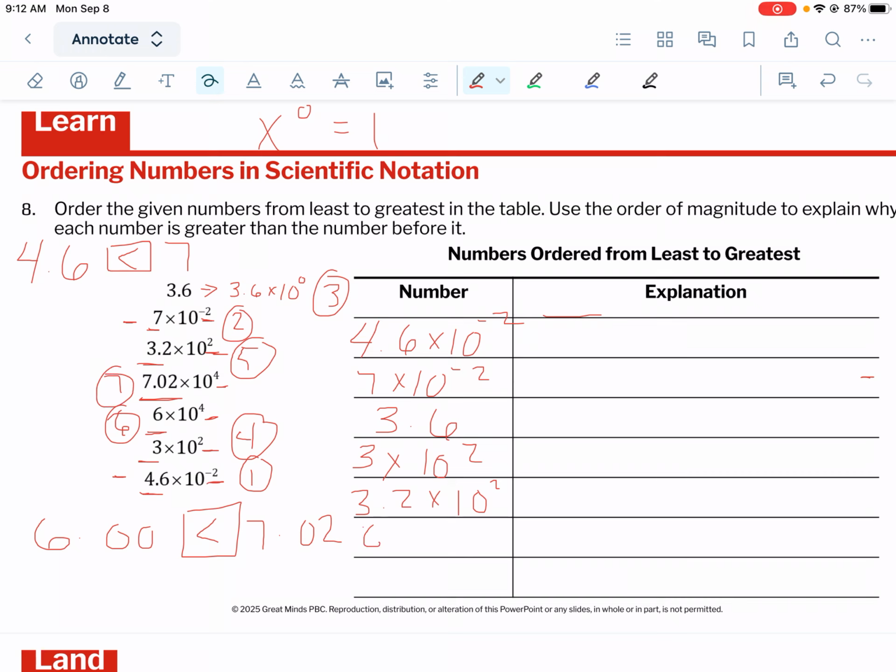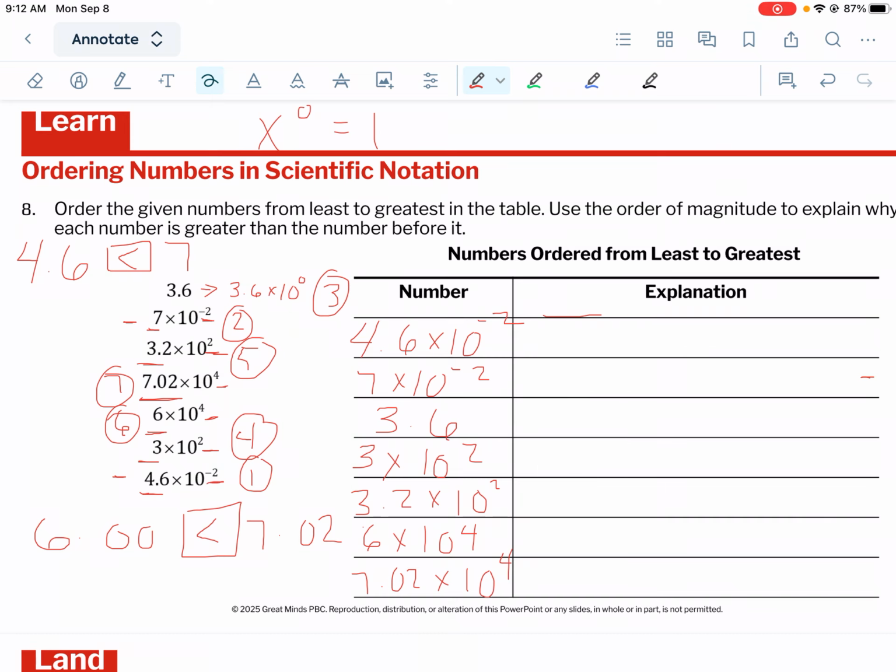So I'm going to just write it in the chart here. 6 times 10 to the 4. We got 7.02 times 10 to the 4. And then fill in your explanations. For the explanation with the 7.02, you can say that it has the greatest order of magnitude, or the greatest n value, and the greatest a value of the whole list.